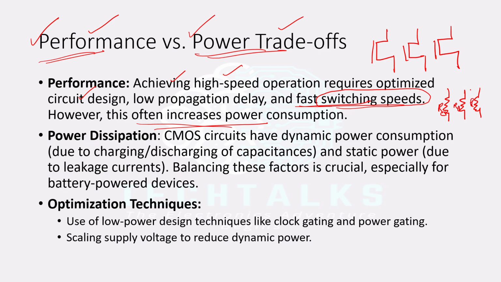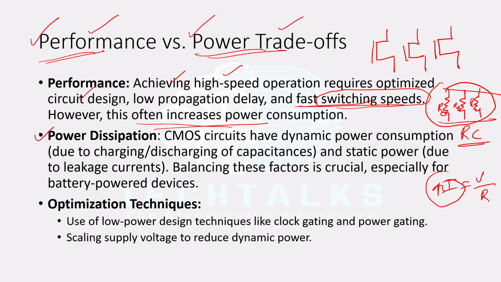So as you keep on cascading this RD, the overall resistance offered by the MOSFETs comes down. So this will reduce the RC delay time. But what is happening here, as resistance is decreasing, I equals V by R, this I is increasing, which is in turn leading to the higher power consumption.